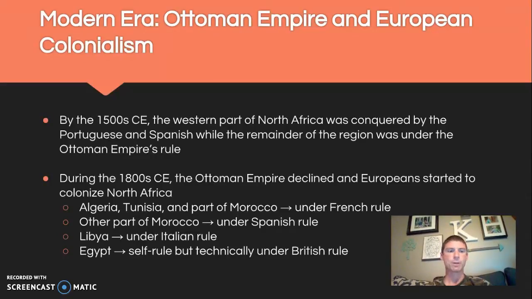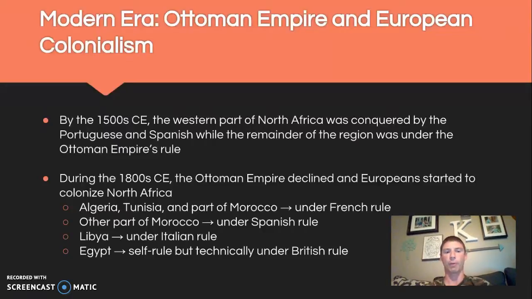Moving on, eventually the Portuguese and Spanish are going to come in and try to take over parts of these areas. The Ottoman Empire is going to have control over parts as well. One of the things you'll learn very quickly in our study of Africa is that most of it was colonized by Europe. So you can see here Algeria, Tunisia, and Morocco were under France.